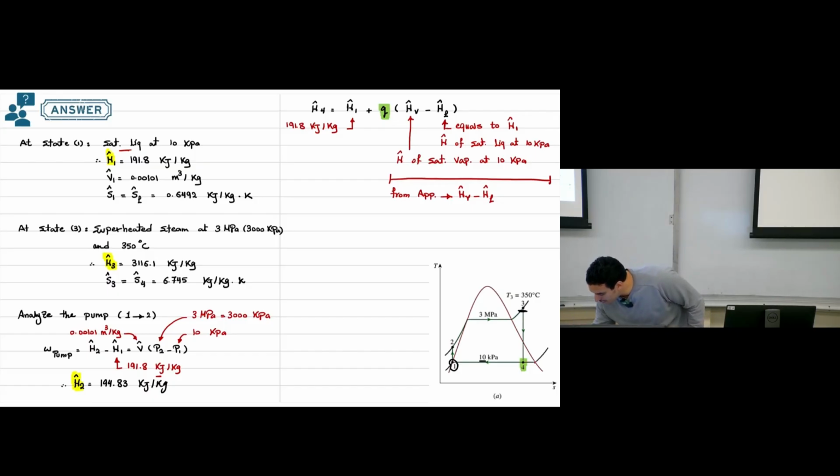This point is HV, and point number 1 is HL. So these 2 points are on the same horizontal line. Same horizontal line means the same pressure, the same temperature. So directly you can find this latent heat, the subtraction between these 2 values from the appendix, and this one is 2392.1.